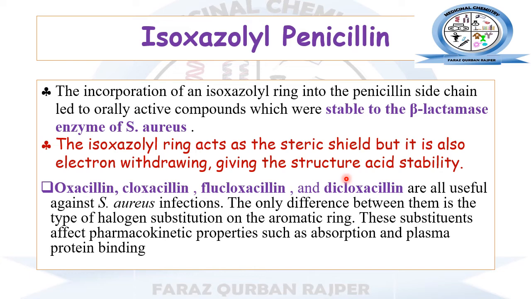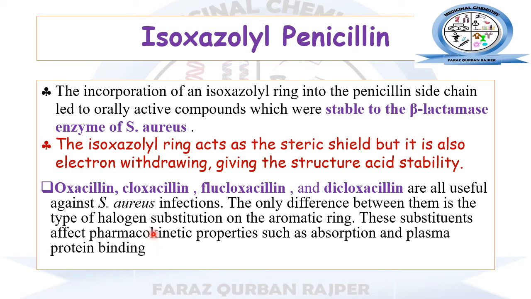These are the different examples of penicillins that have the isoxazolyl ring in the acyl amino side chain. These are generally all isoxazole derivatives, but their difference is the presence of halogen substitution on the aromatic ring. This halogen substitution ultimately affects different pharmacokinetic parameters, such as absorption in the body.